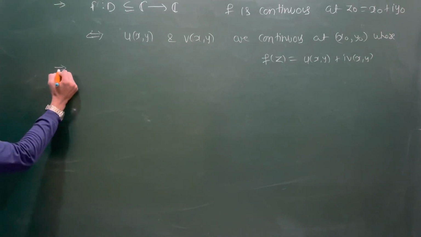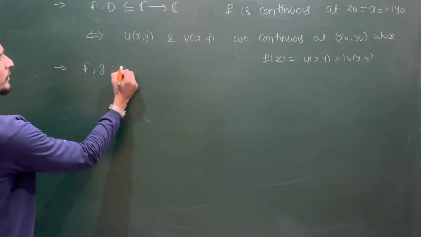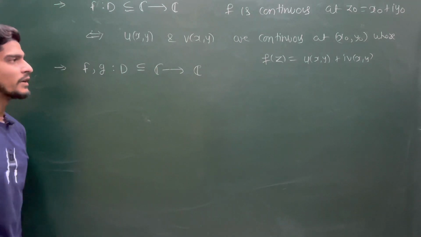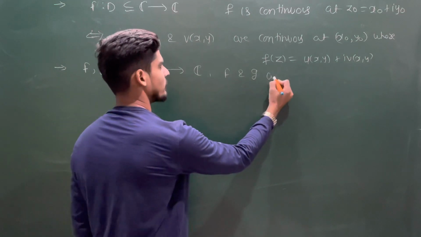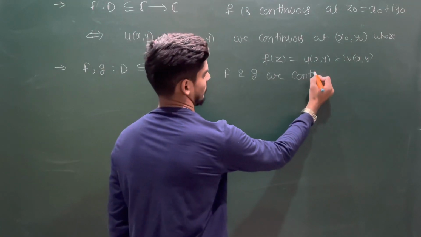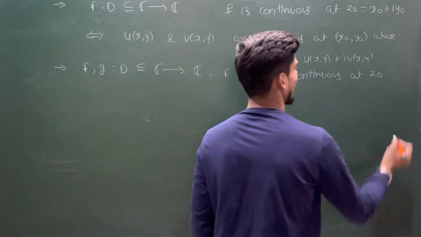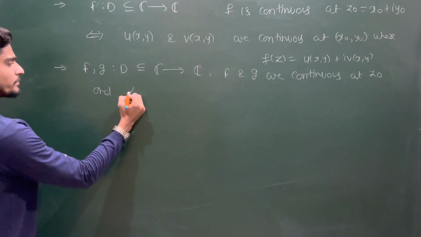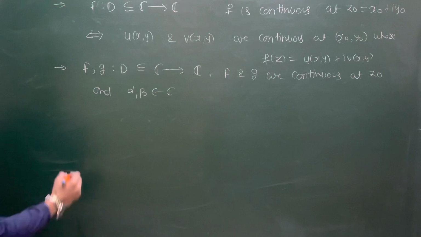Next statement: f and g are two functions defined from D to C. F and g are continuous at z0, and alpha, beta are two fixed complex numbers.